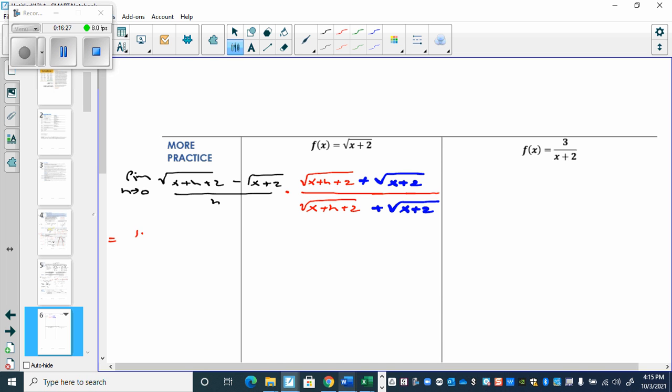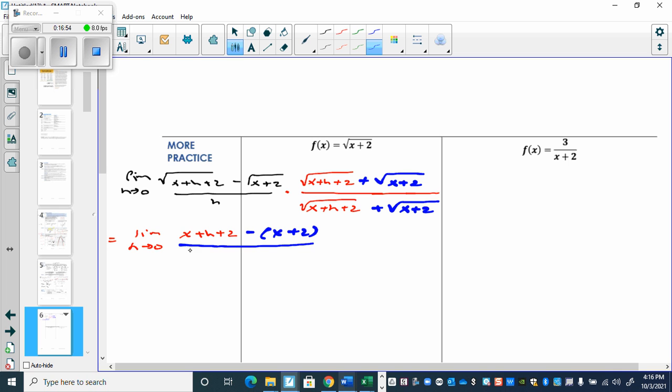So this equals the limit of h goes to 0. Here, this just comes out of that radical, so I have x plus h plus 2. And over here, these two groups just come out of the radical. You notice I'm putting a little parentheses around that because that group comes out of the radical.